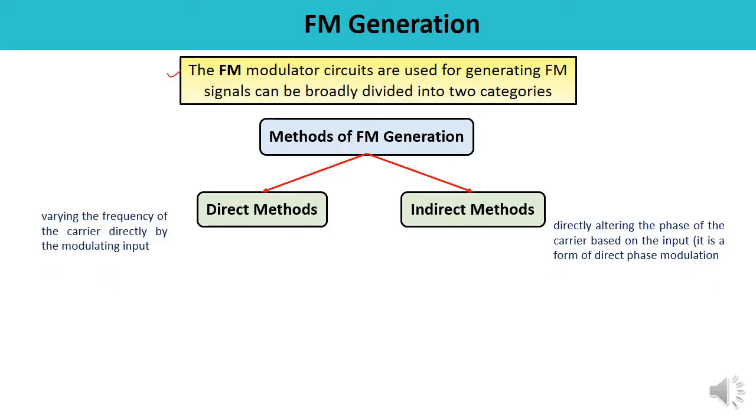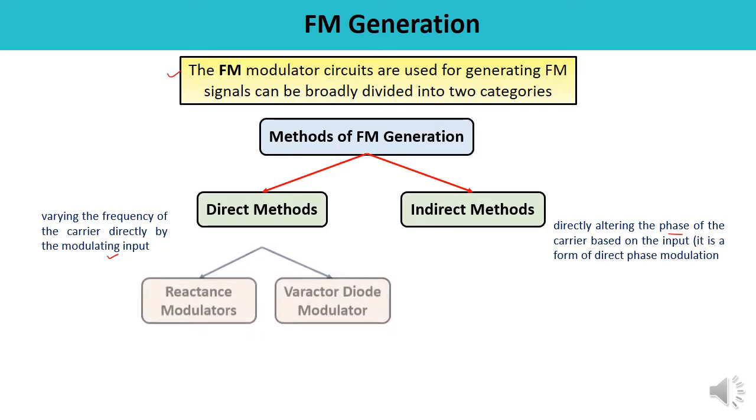In the direct method, the variation of the carrier frequency is done directly by the modulating input. While in the indirect method, we directly alter the phase of the carrier based on the input, which is a form of direct phase modulation.